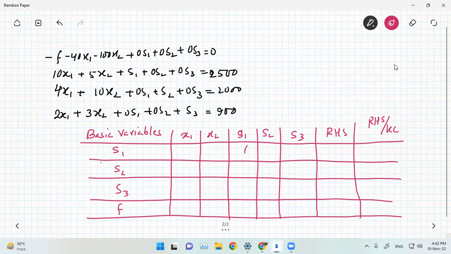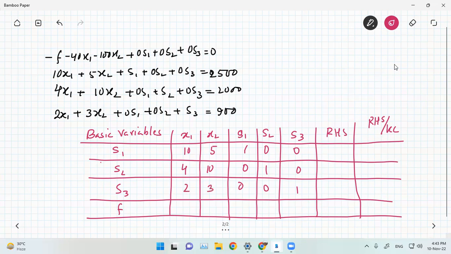Now the slack variables are easy: 1 0 0, 0 1 0, 0 0 1, and then the combination is 10 5, 4 10, 2 3.